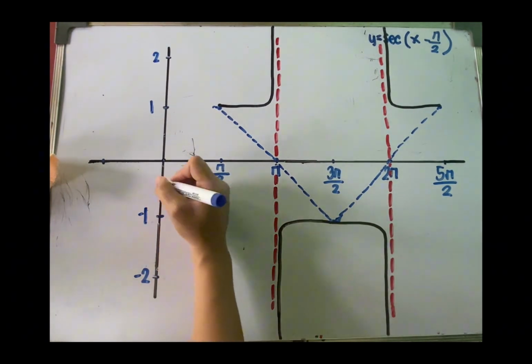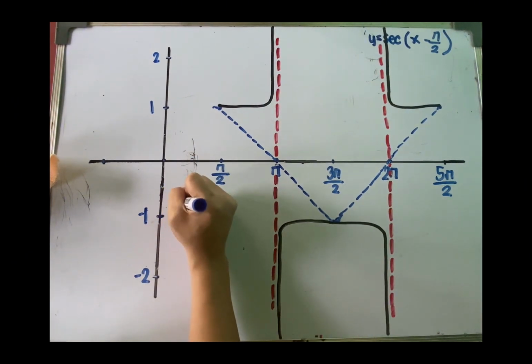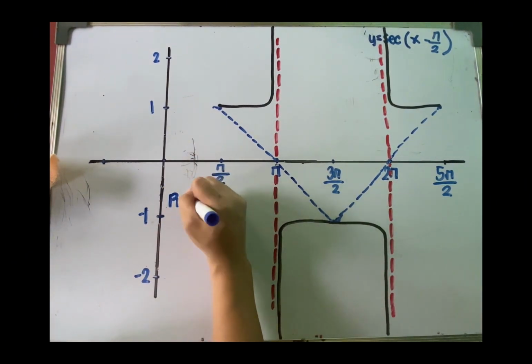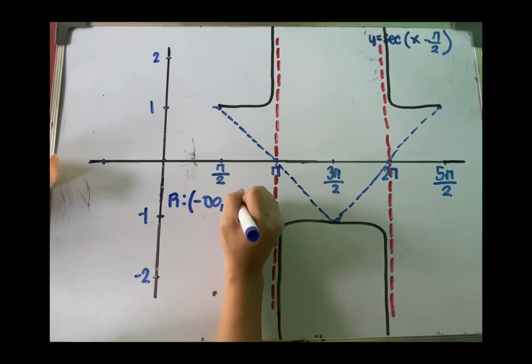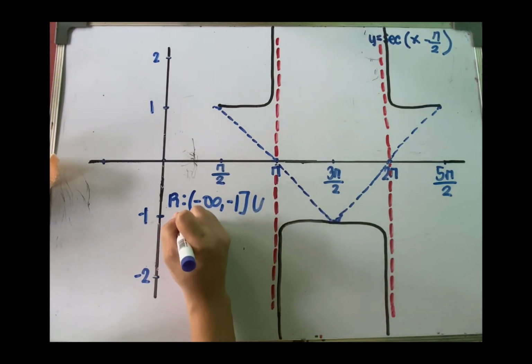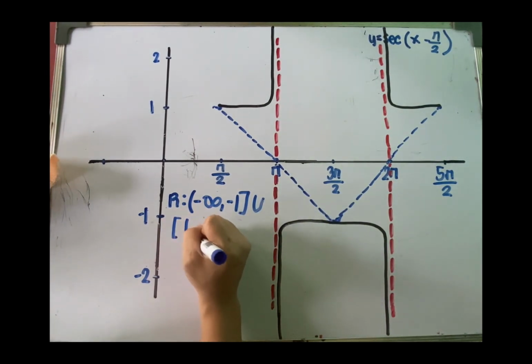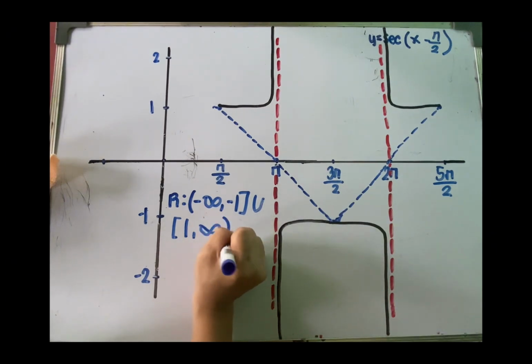And now let's move to our domain and range, which is our last process. Our range is from negative infinity to -1 union 1 to positive infinity.